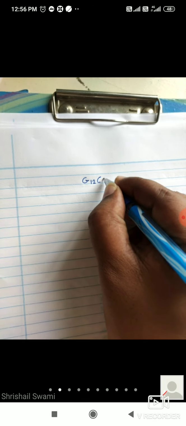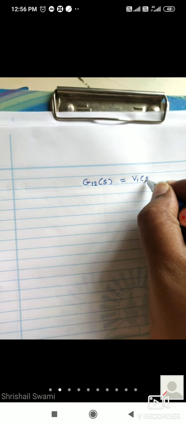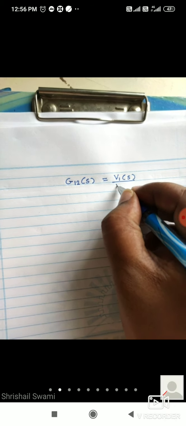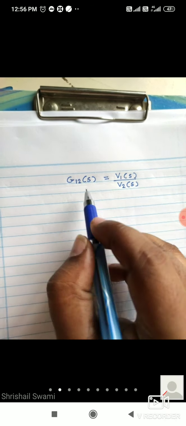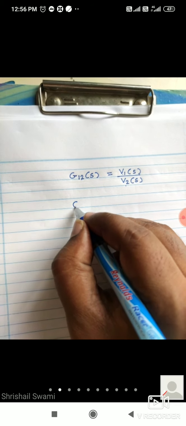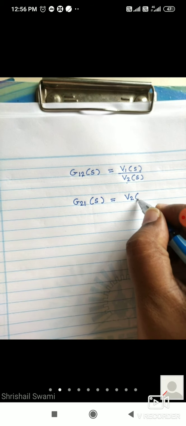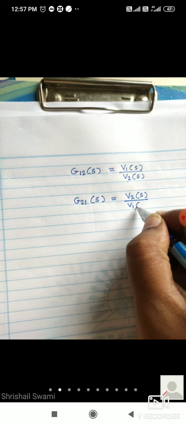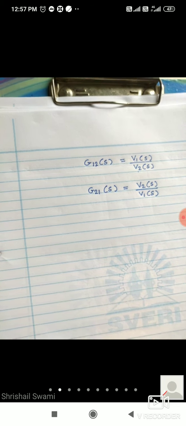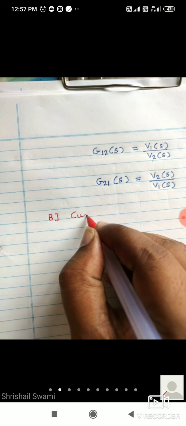G12 of S is equal to ratio of voltage at one port, that is V1 of S divided by V2 of S. Here also we can apply logic: 1 is at numerator, 2 as denominator. Similarly, G21 of S, that is V2 of S divided by V1 of S. Okay, so this is called as what? Voltage transfer ratio.